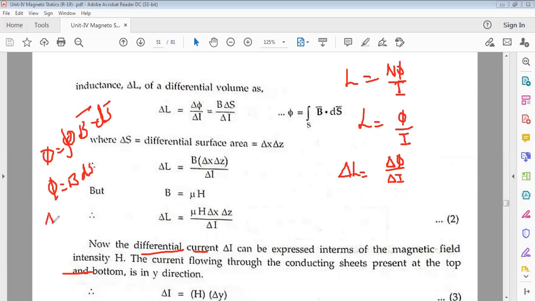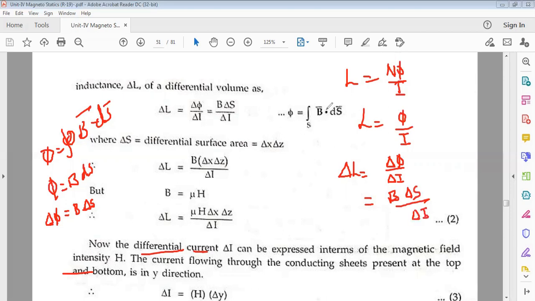I'm assuming this is a small differential phi, so delta phi is equal to B into delta S. So B into delta S by delta I.